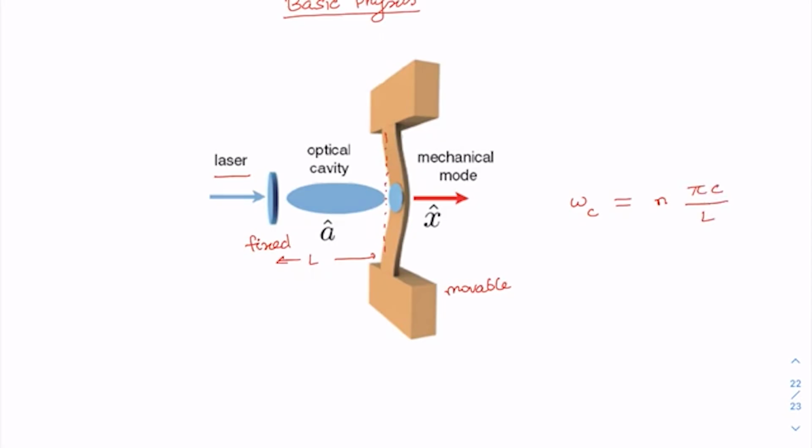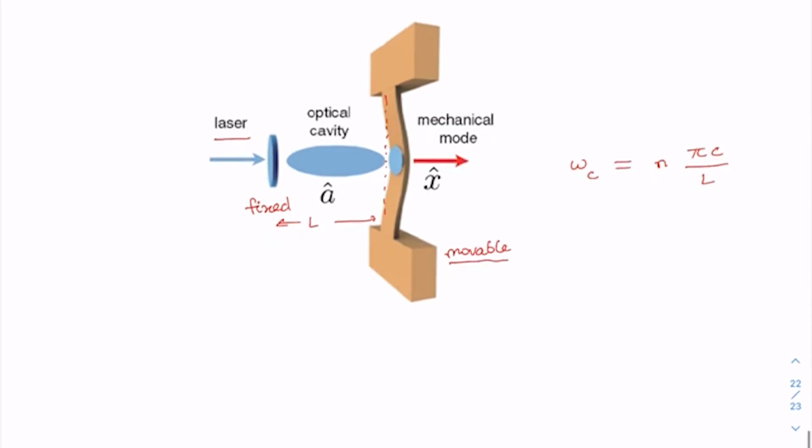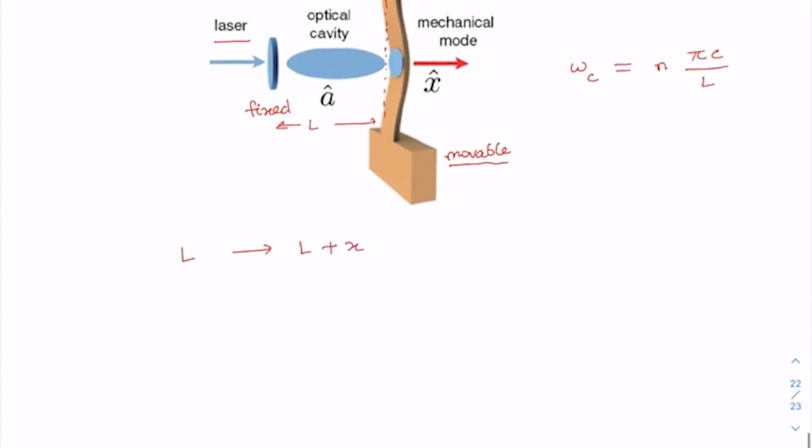However, because the right hand mirror is movable, the length changes from L to say L plus X, and accordingly the resonance condition also changes, and the resonance frequency would be n pi c by (L plus X).